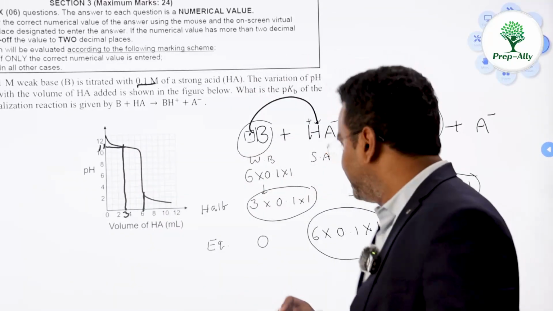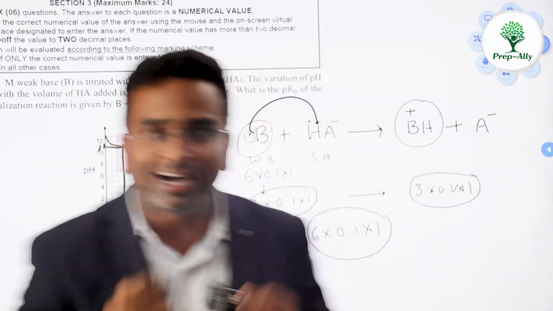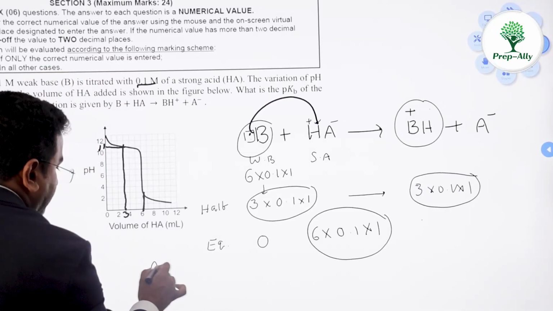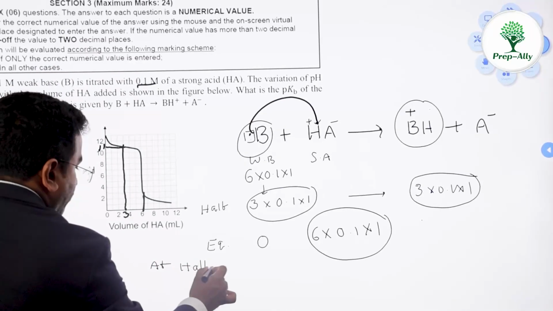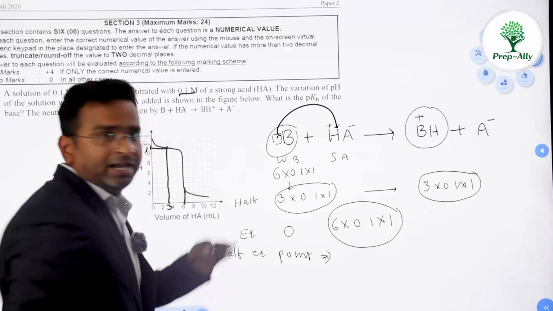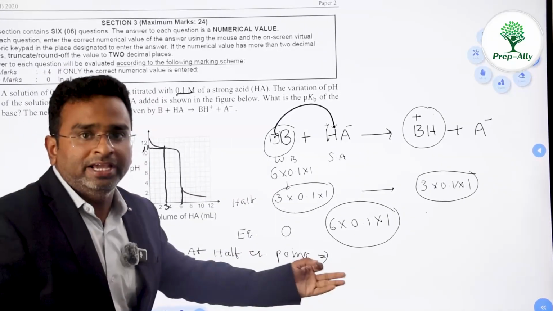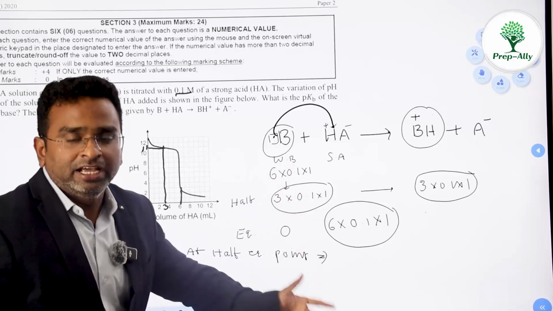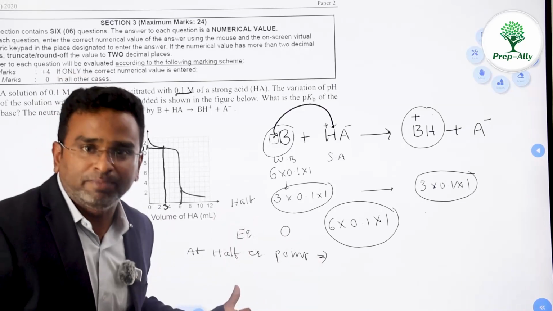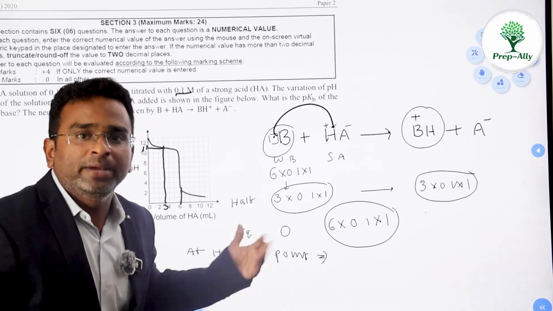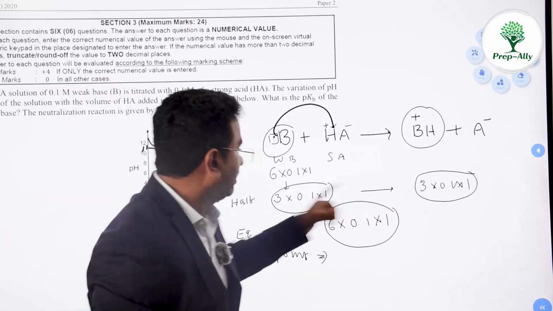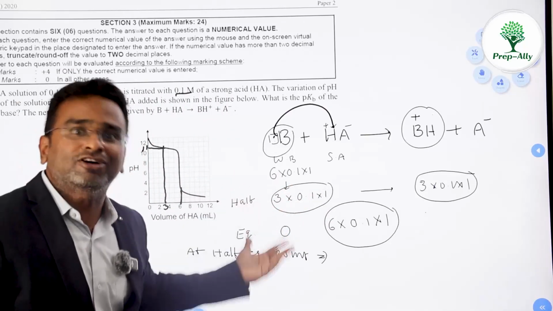11. We learnt already, in fact we have proven also from the pH metric curve, that at half equivalence point pOH is equal to pKb, and pH is equal to pKa in case of an acidic buffer. It is a basic buffer where pOH is equal to pKb plus log of salt by base. But salt and base equivalents are the same at half equivalence point.